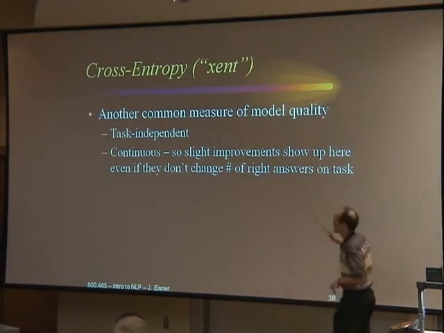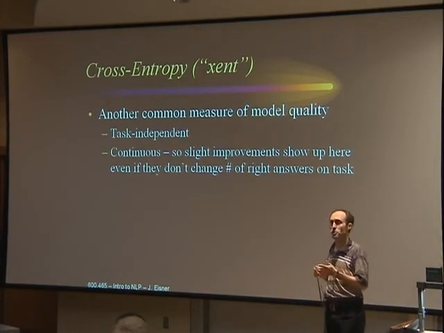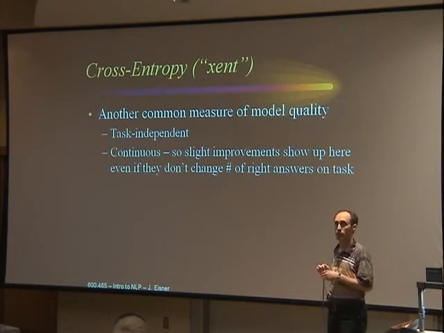Another reason it's nice is that if you don't have too much data to evaluate on, then you're often in a situation where you've got one model, you make a little change to it, to the way you estimate or something like that, and you used to be getting 503 answers right. Now you're still getting 503 answers right. Okay, so there appeared to be no change.